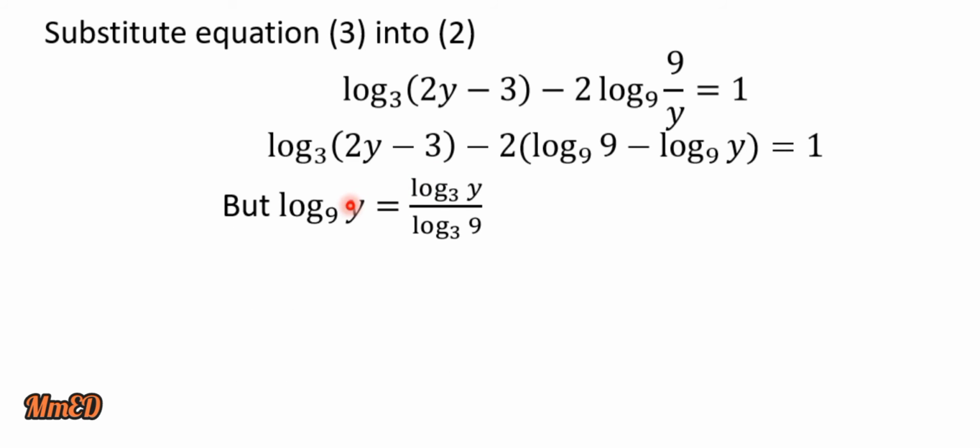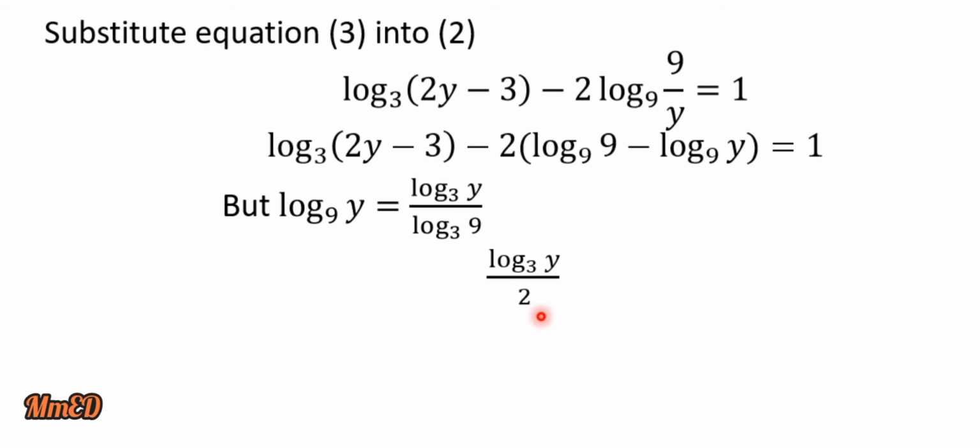So remember, we have log y base 9 equals log y base 3 on log 9 base 3, and this is the conversion of logarithm bases. Okay, so the simplest form for this expression becomes log y base 3 on 2.